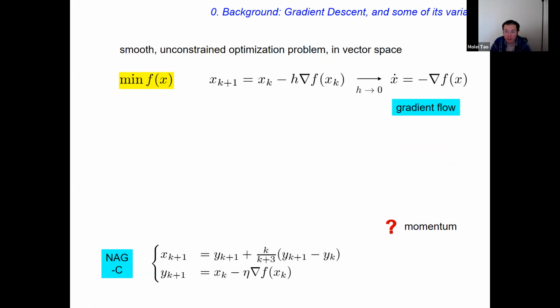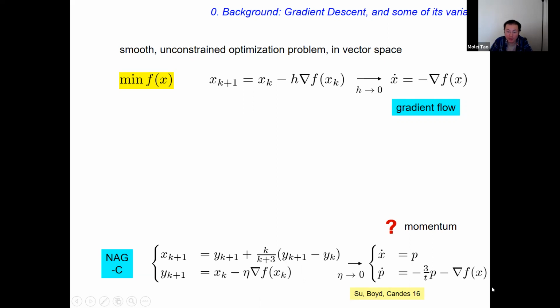I had a background in physics to some extent, so I like the following explanation. If we view the small h limit of gradient descent, that's just the gradient flow. So gradient descent is a forward Euler discretization of the gradient flow dynamics. And you can do the same thing to NAGC. In fact, you can let this analog of time step, eta, go to 0.